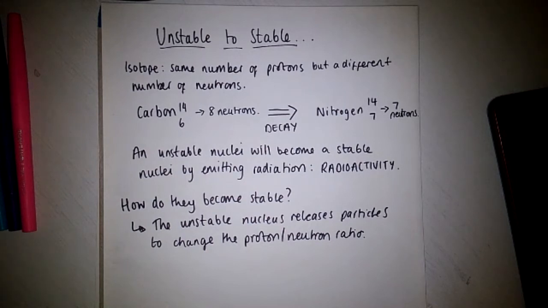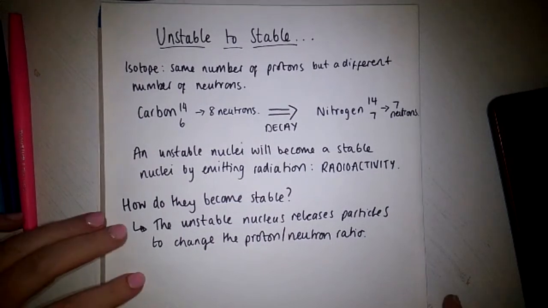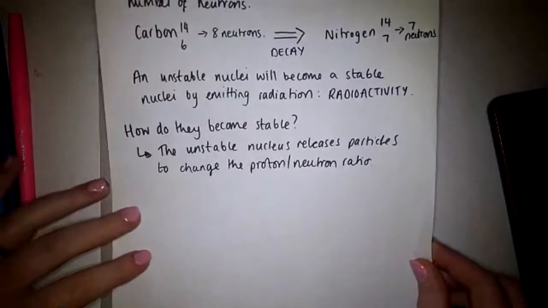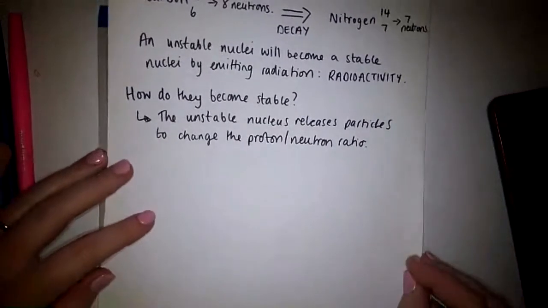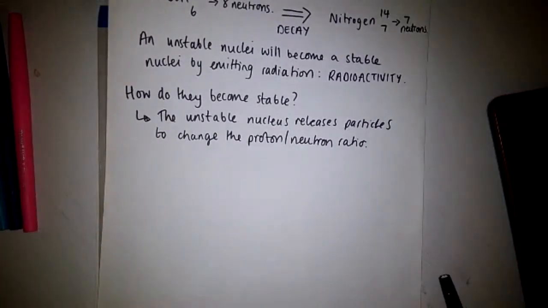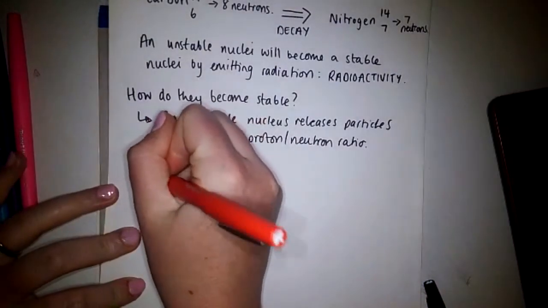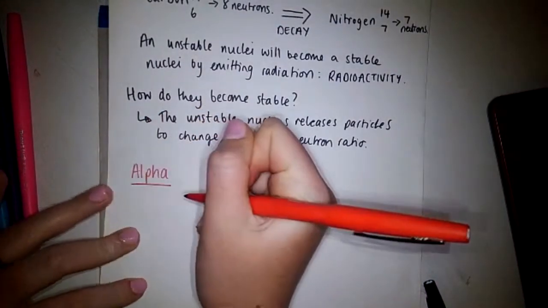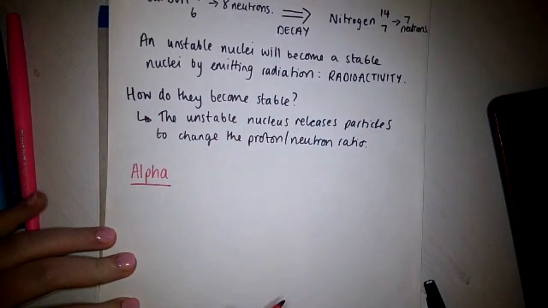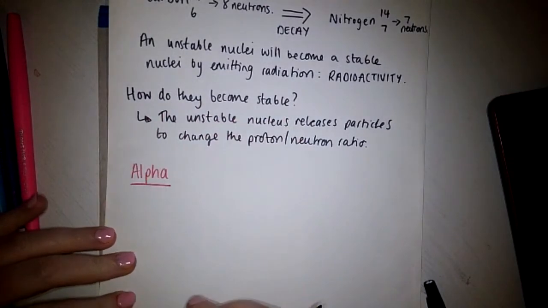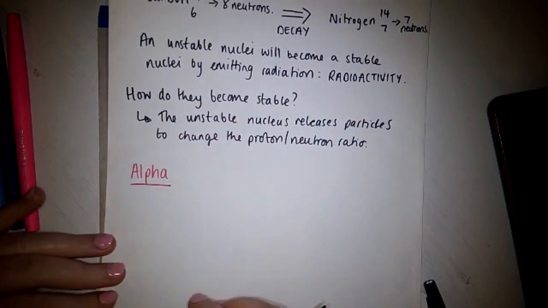We've got alpha, beta, and gamma. They are our three types of ionizing radiation. So I want to start using my colours now. Alpha. An alpha particle can also be known as a helium nucleus.